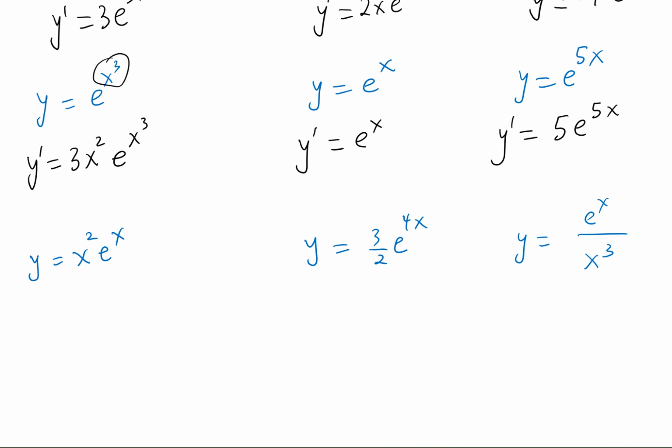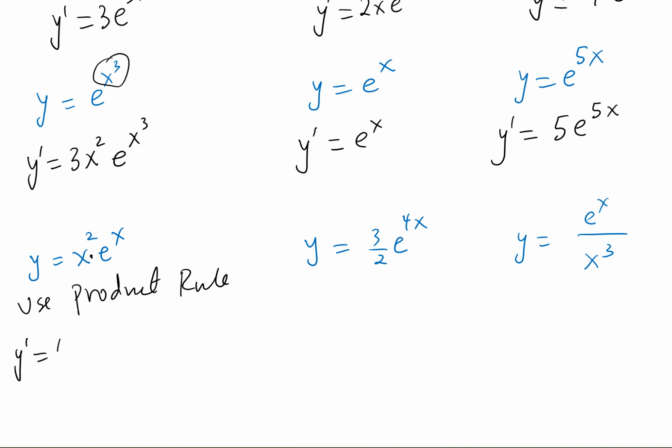What do we use here to find the derivative? Do we find the derivative for each one of them and multiply them out? Someone said product rule. Use product rule because we have a product of two functions.